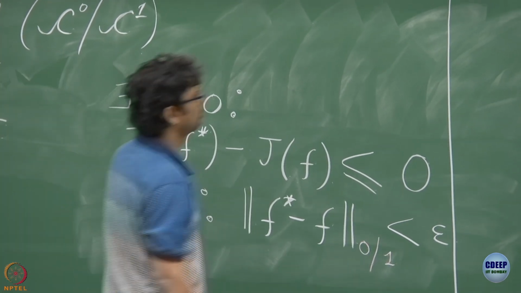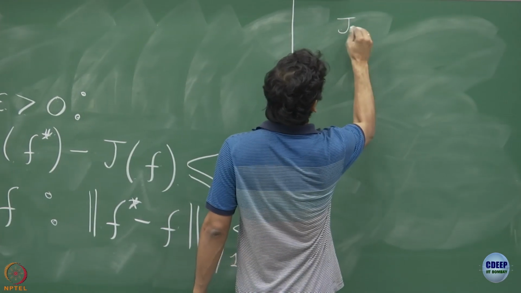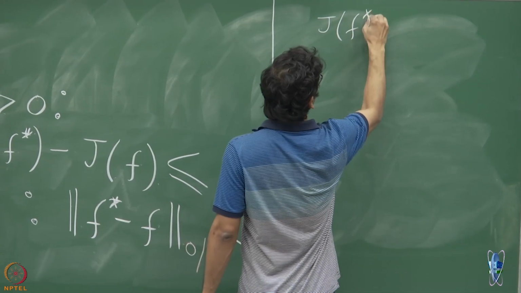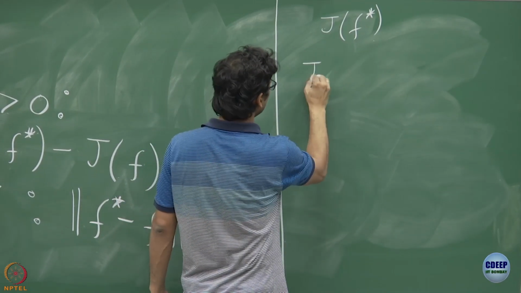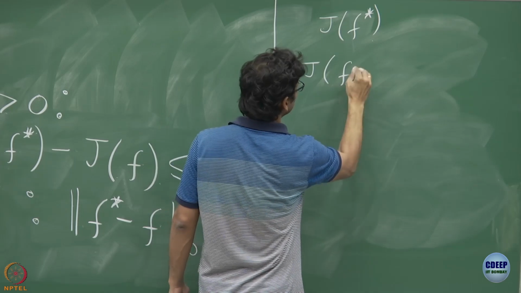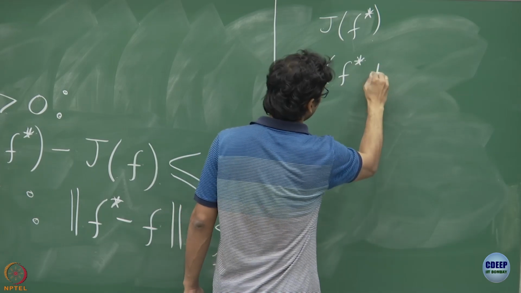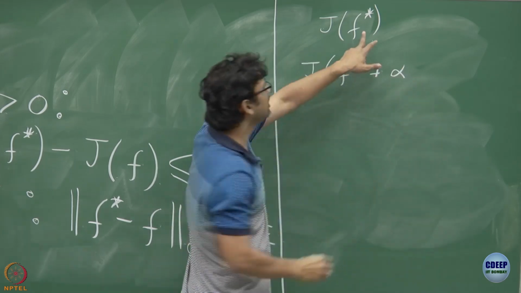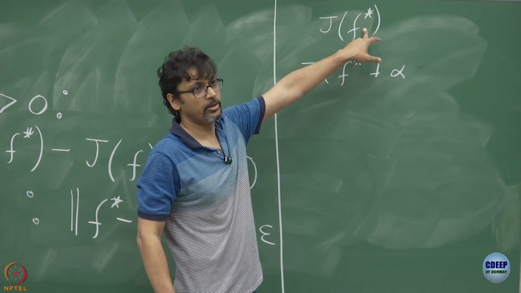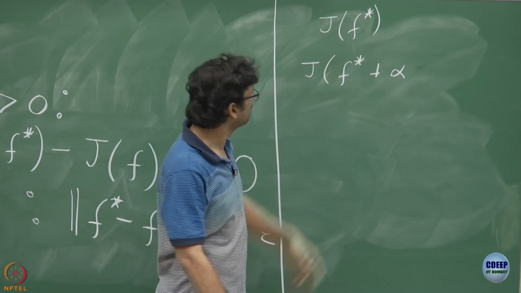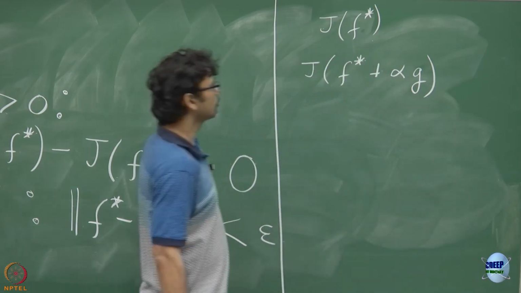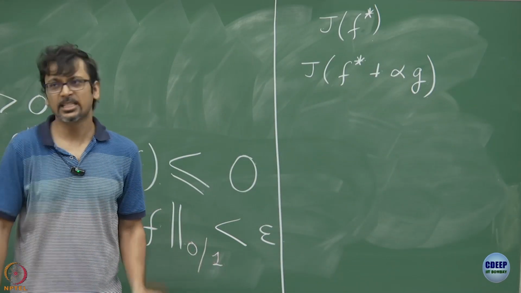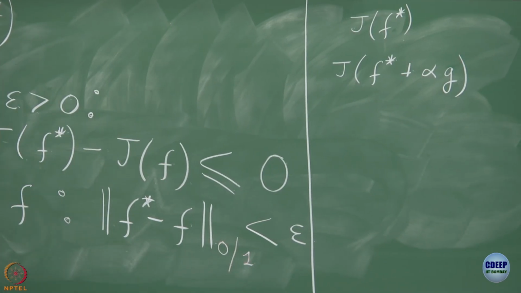You have J evaluated at F star. From there you transition to J evaluated at F star plus alpha G, so I am omitting the argument of F, you know it's X already, over the interval A to B. That's a specific kind of a perturbation, right?